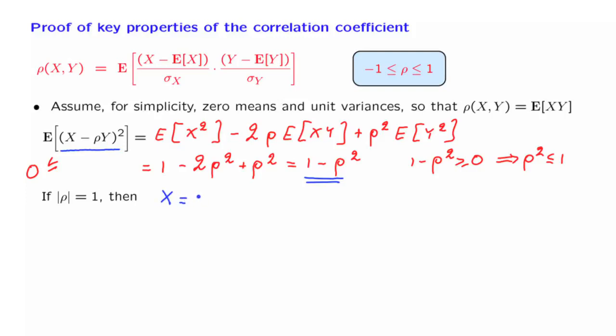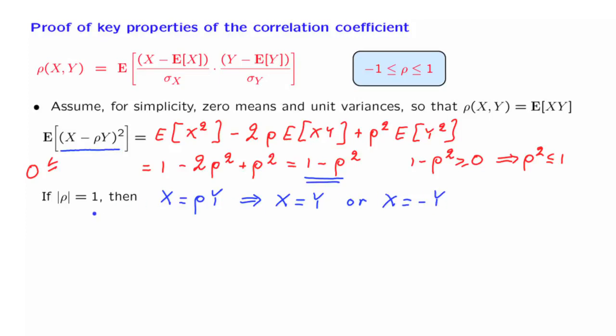So x is going to be equal to rho times y, and this will happen with essential certainty. Now also, because the absolute value of rho is equal to 1, this means that we have either x equal to y or x equal to minus y in case rho is equal to minus 1.